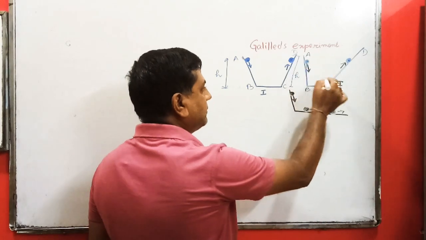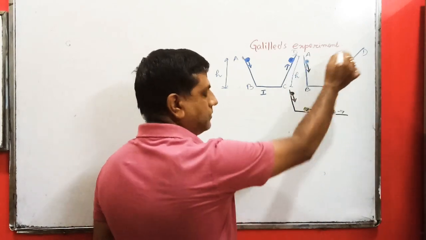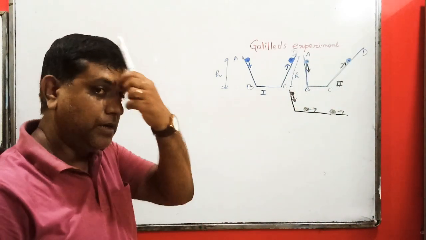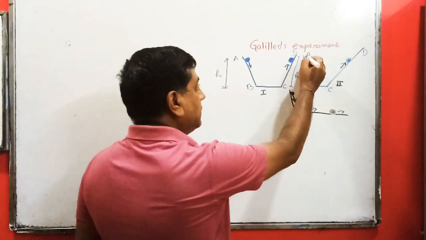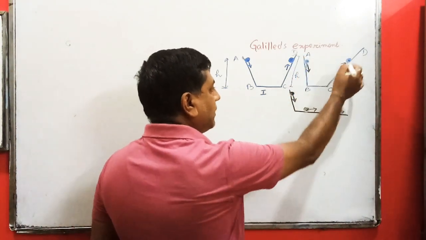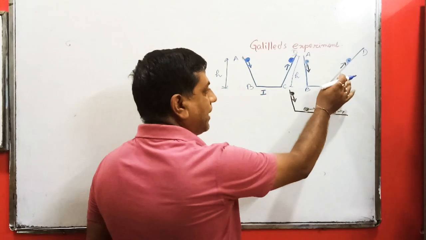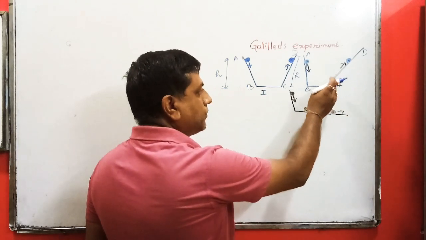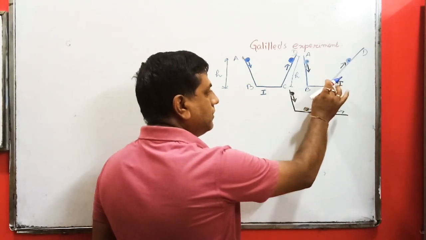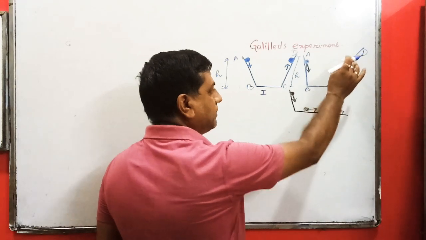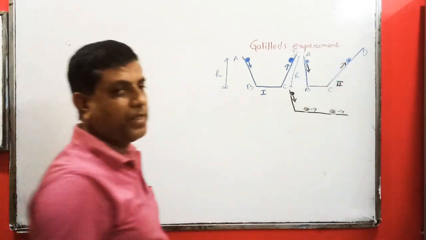Understood? Here, this inclined plane and this inclined plane, but this inclined plane's angle of inclination is small. So we have seen that the ball covers more distance, but maintains the same height.